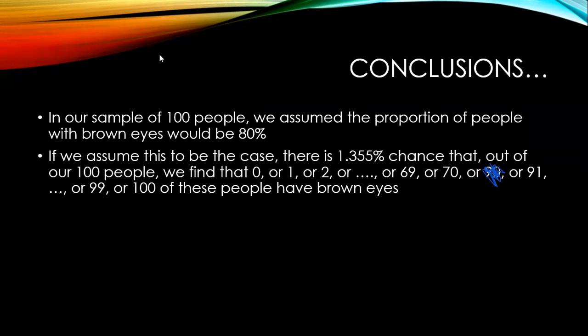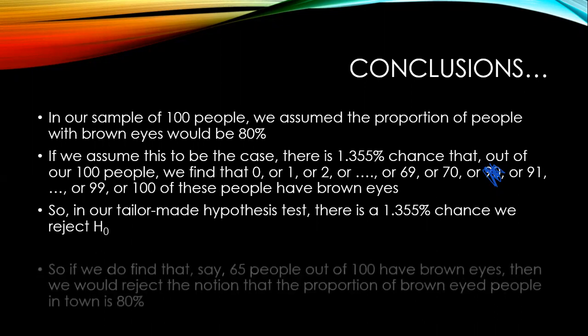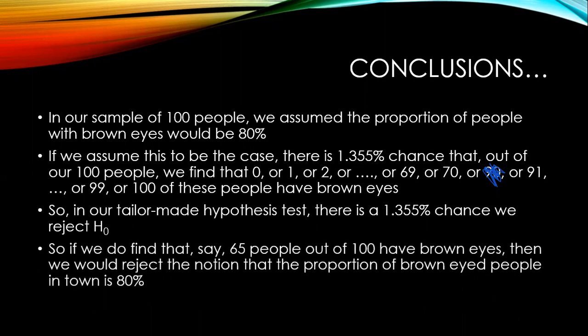Okay, right. So in our tailor-made hypothesis test that we designed, there was a 1.355% chance we reject H0. So let's think about this in context. Let's say that we've got a sample of 100 people, and let's say 65 of those people had brown eyes. Then if that was the case in your sample, we would reject H0, okay?